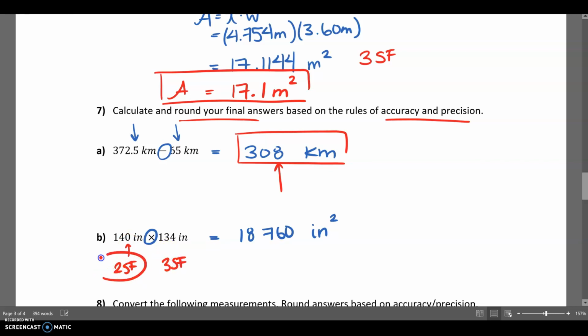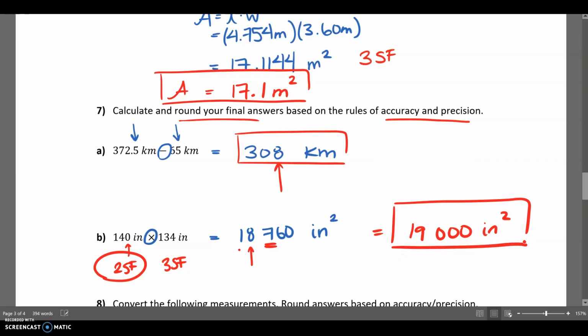So we'll round to the lower accuracy, or 2 significant figures in our answer. So when we look at our answer, 18,760, here's our first significant figure, here's our second significant figure. I look to the right for rounding, and this rounds to 19,000 square inches. Remember, those trailing zeros aren't significant, they're just acting as placeholders.